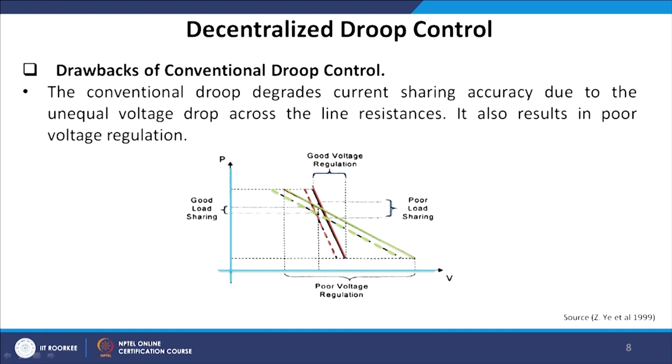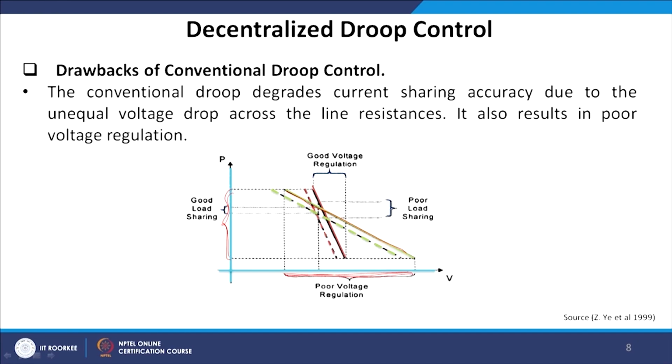For a given droop characteristic, you can see what voltage variation it can experience for a power drop in this range. If there is a power drop, you can see there is a huge voltage drop, and hence poor voltage regulation.